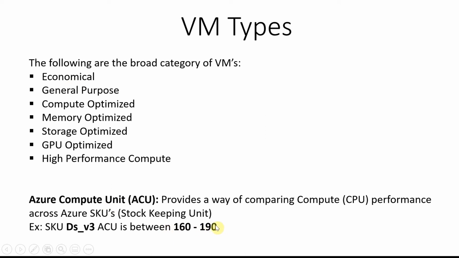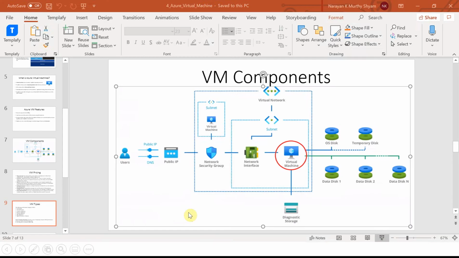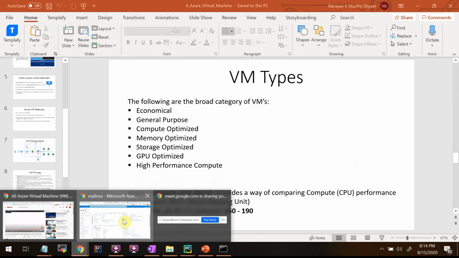And the cost will be based on this ACU aspect. For example, DSV3, that we saw when we were creating a VM for Windows in the last session, we used the DSV3 as our VM size. For that, the ACU is 160 to 190. So that is what you see here when you create a VM.